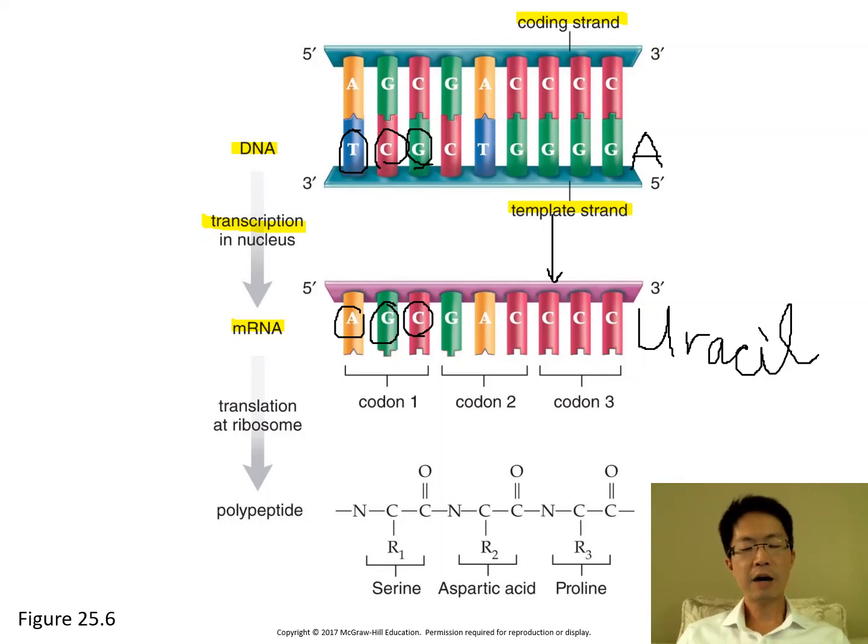So in RNA, there's no T. We only have U. So when the DNA template is A, then A will be transcribed into U. So remember this.